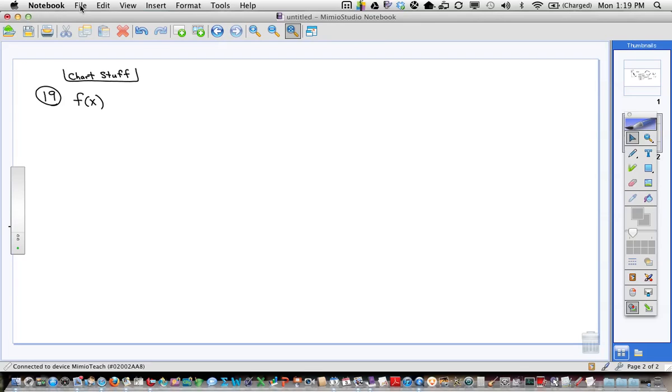Now I want to say funny looking. Okay, they're similar. All right, so 19 and 23, very similar looking problems. Is it minus 3x squared?